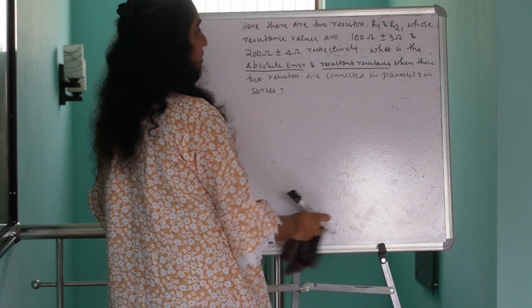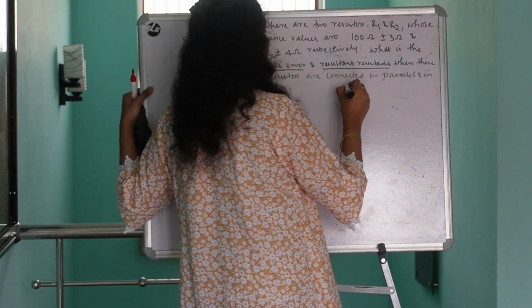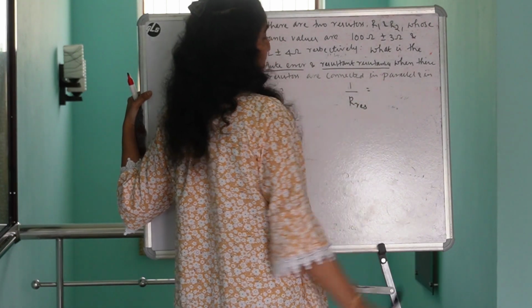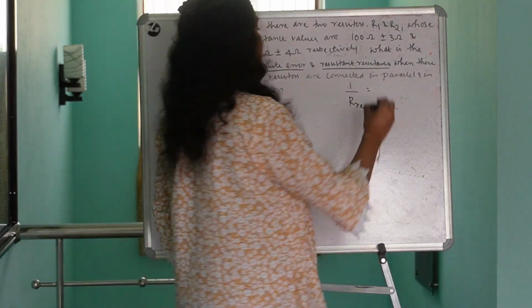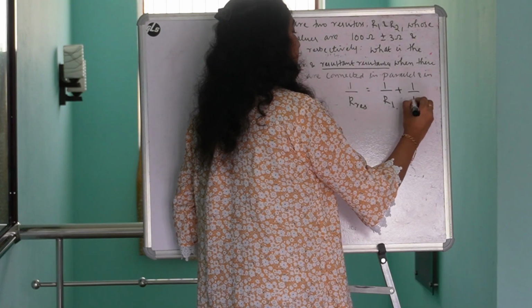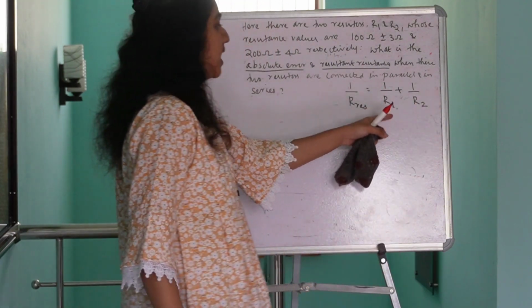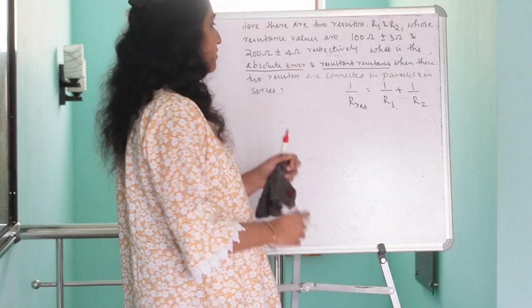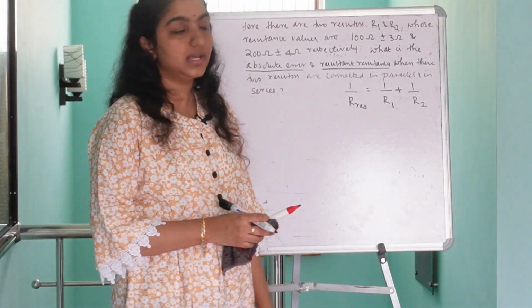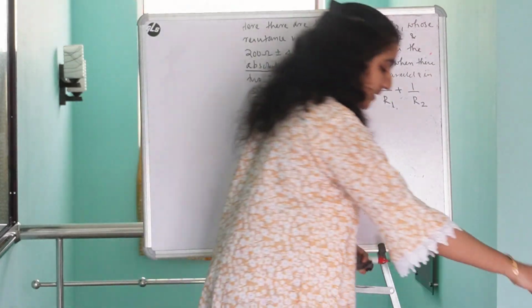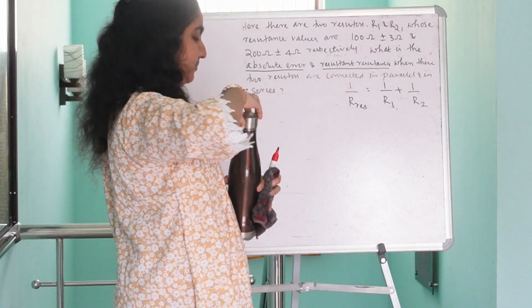So when two resistors are connected in parallel, the resultant resistance is given by 1 by R resultant is equal to 1 by R1 plus 1 by R2. Is it clear?